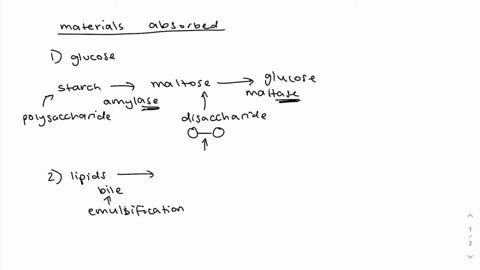And this basically means that they have a larger surface area to volume ratio, which means that it's easier for the lipase to attach onto them and digest them into the fatty acids and the glycerol.